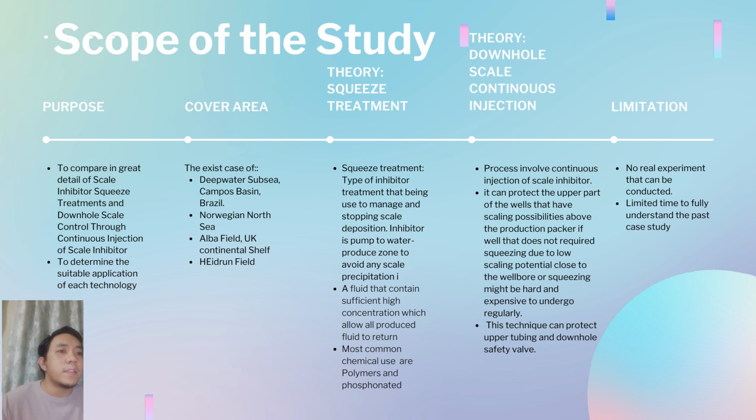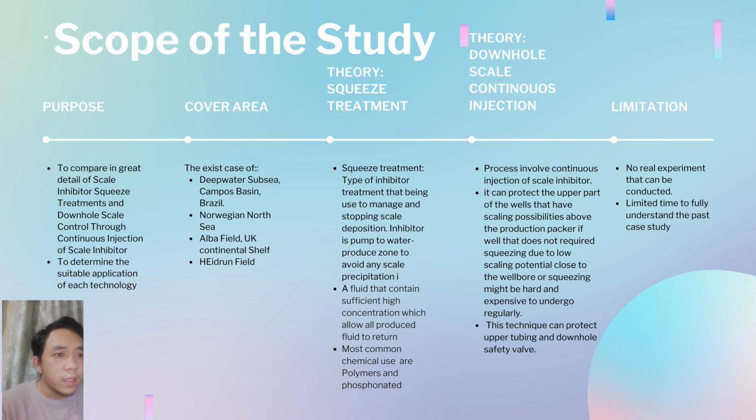Next, the theory for downhole. It is the process involving injection of scale inhibitor. It can protect the upper part of the well that has scaling possibility above the production packer. It is used if the well does not require squeezing due to low scaling potential, or because squeezing is expensive.